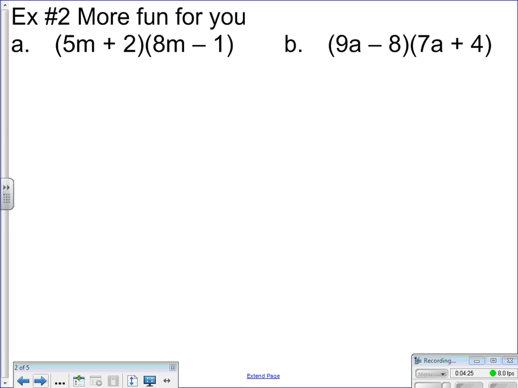Okay, number 2a. First up, we're going to take 5m and times it by both 8m and negative 1. So 5 times 8 is 40m squared. 5m times negative 1 is negative 5m.